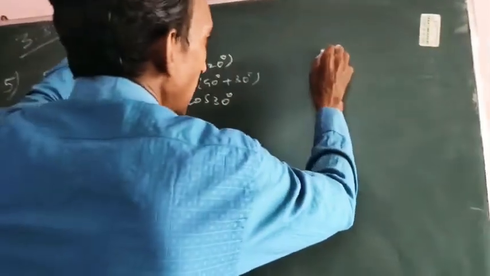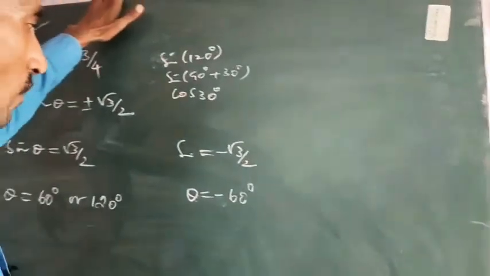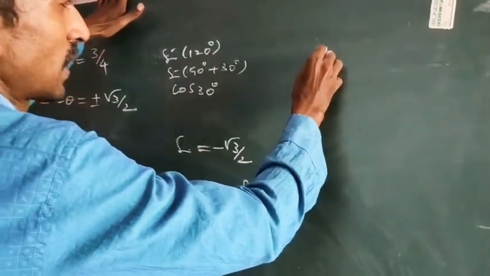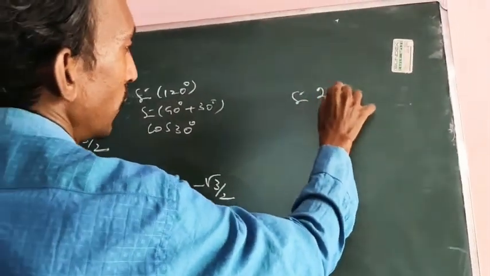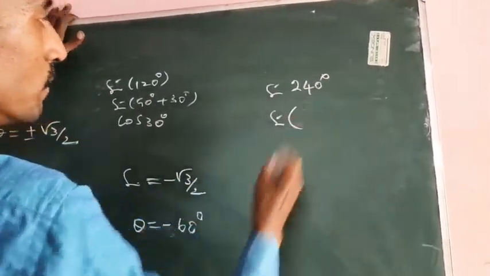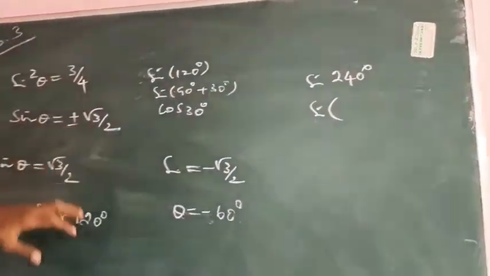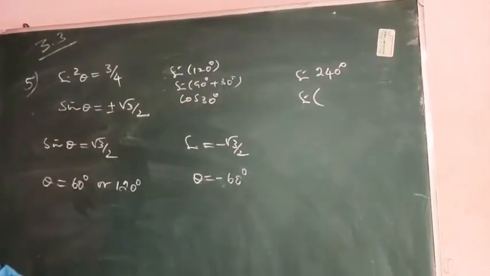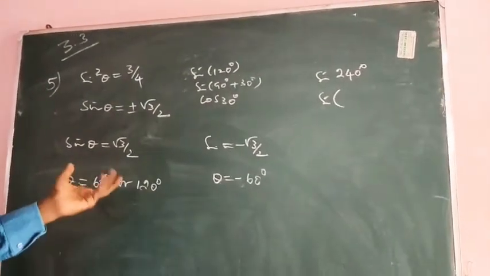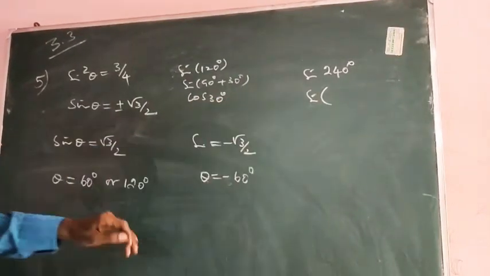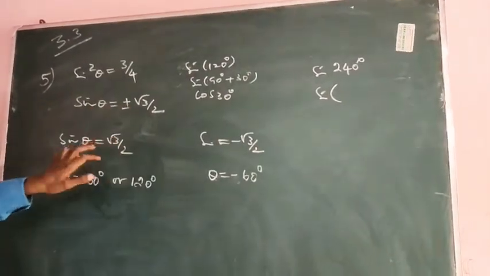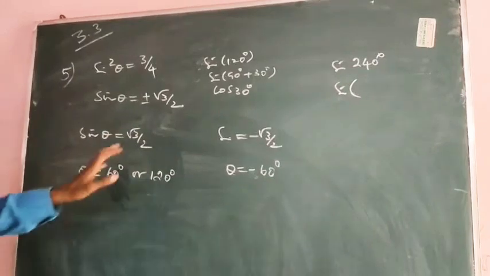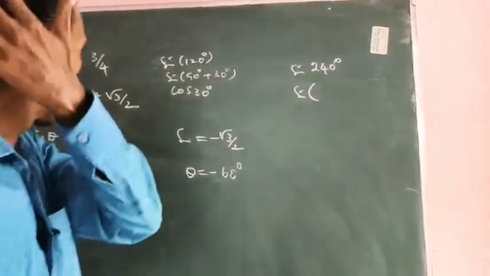You have to consider them one by one, for example 240 degree. Or you can use the formula sin theta equal to sin alpha and ask what the general solution is. That one also you can use, but I am finding it randomly. You can use both.